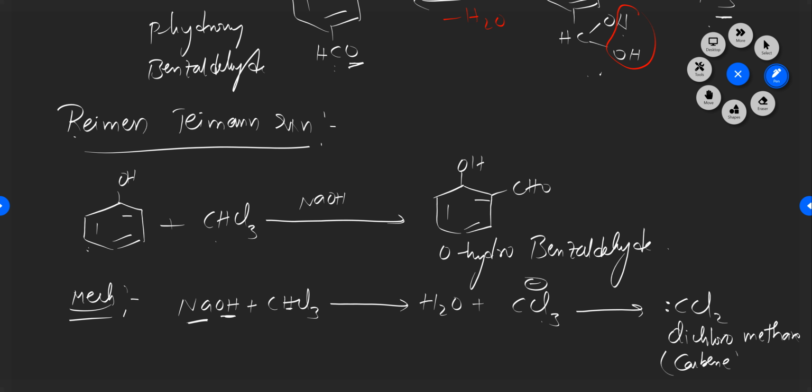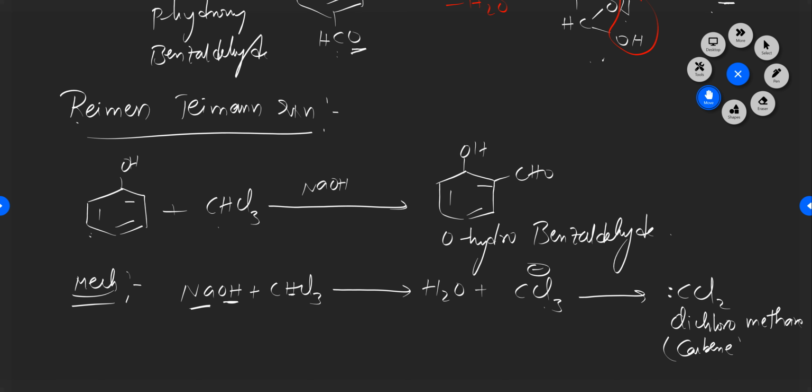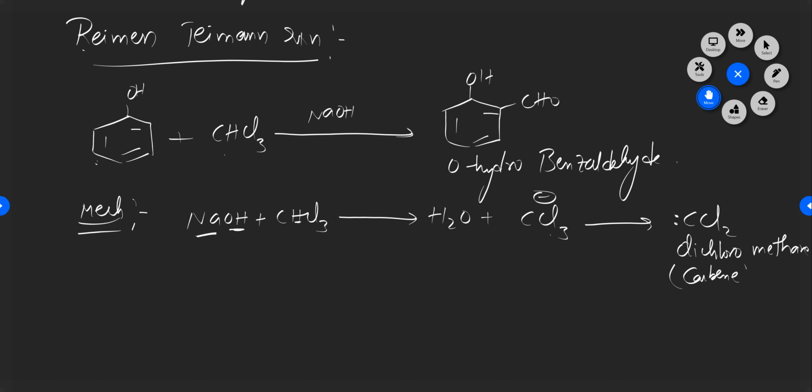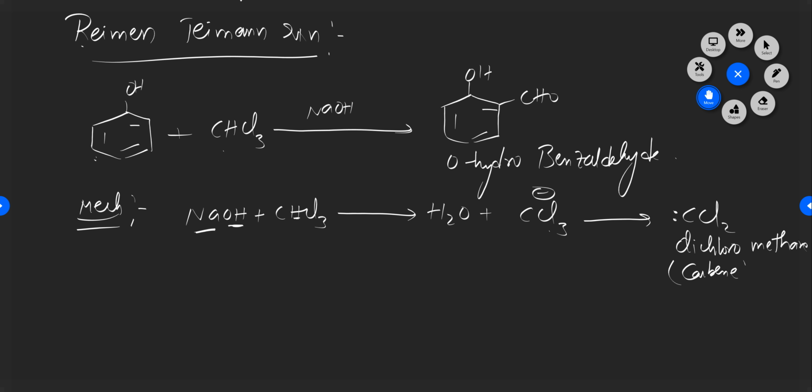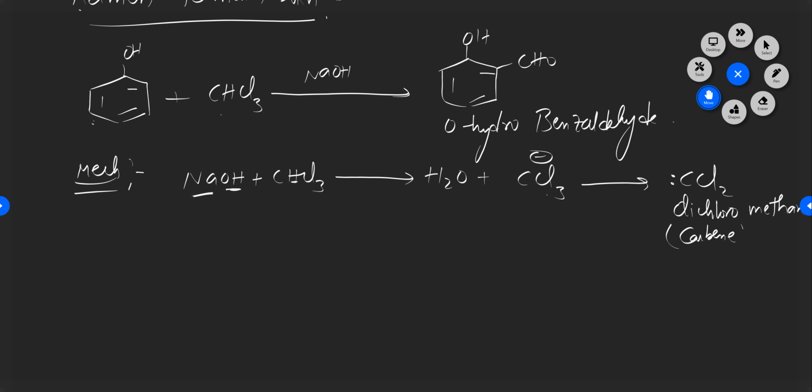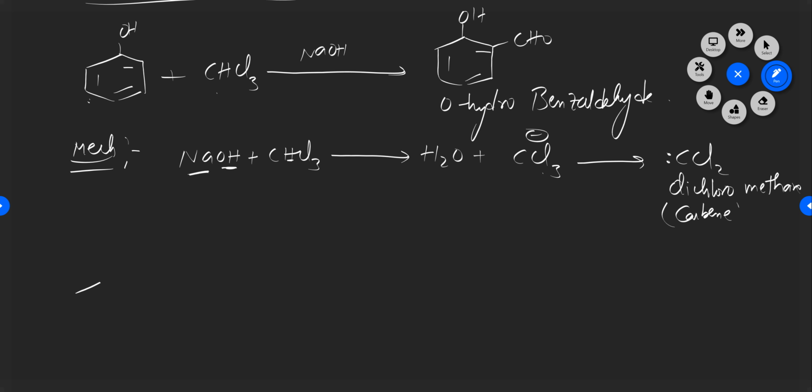On one carbon, two free electrons will be present. That one we can call carbene. So that carbene is going to react with phenol. That carbon is going to come and react with the phenol. Carbene is also an electrophile.